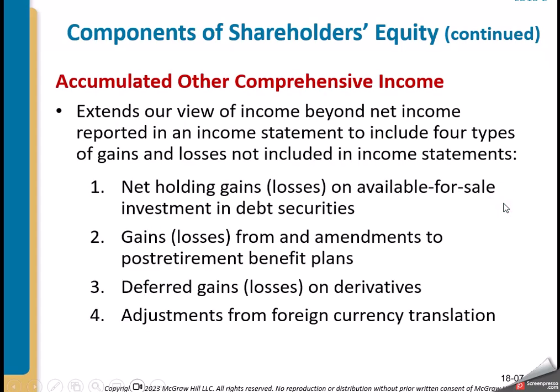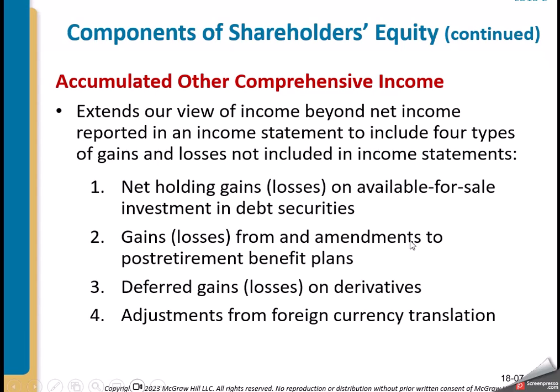So again, here is another summary of our other comprehensive income. So you do want to know what goes in there. Those net holding gains, those unrealized gains, any gains or losses from our pension plans, deferred gains or losses on any financial derivatives, and then also this final one, adjustments from any foreign currency translation.